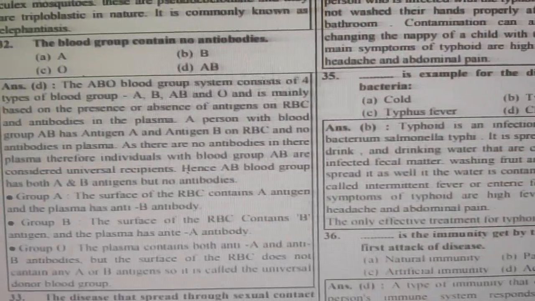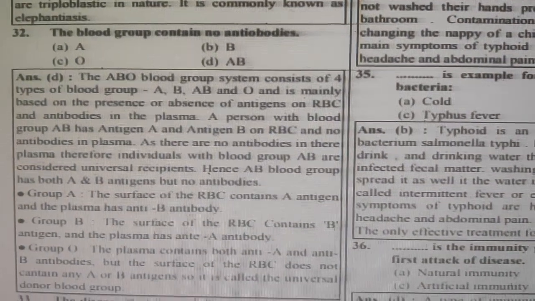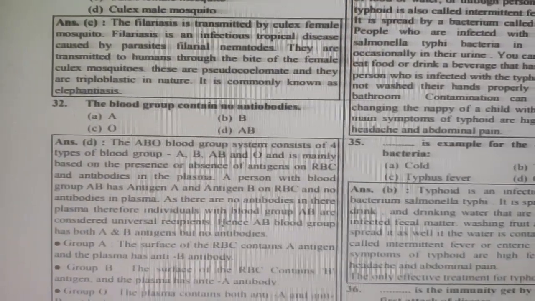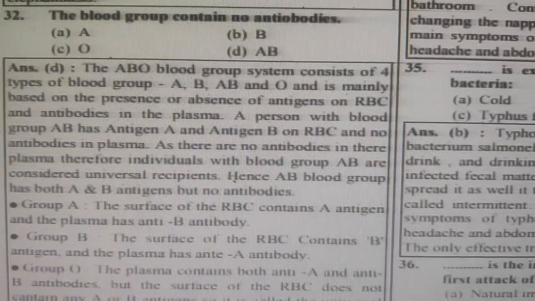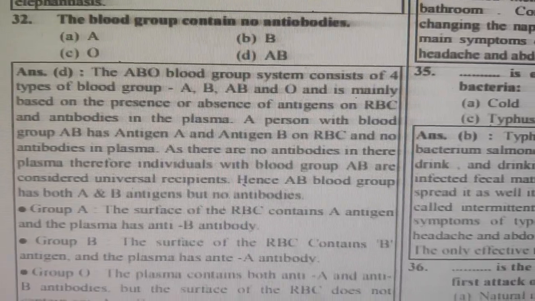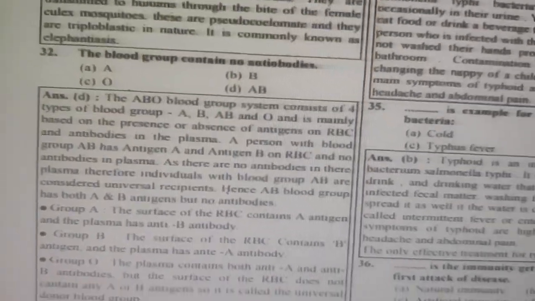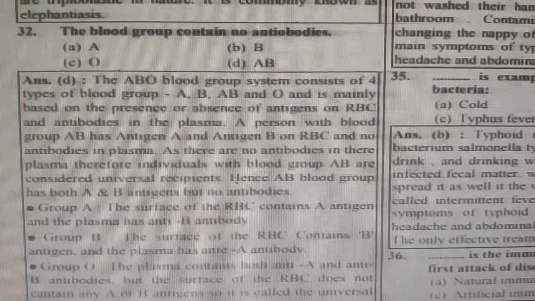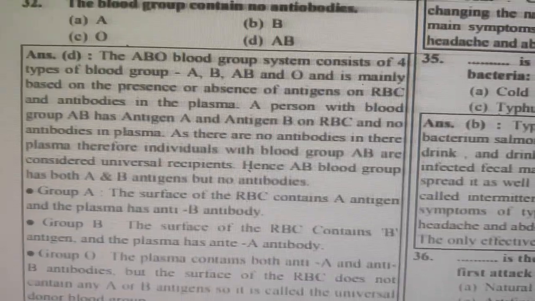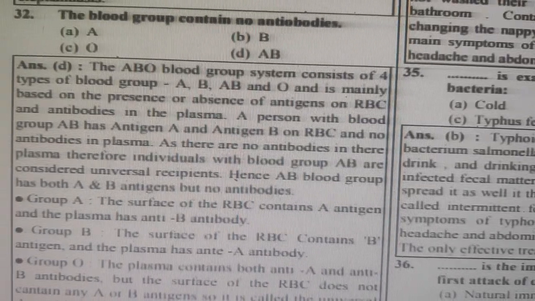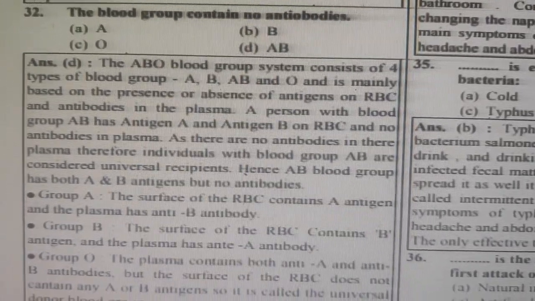The ABO blood group system contains four types of blood group: A, B, AB and O, and is mainly based on the presence or absence of antigens on the RBC and antibodies in the plasma.